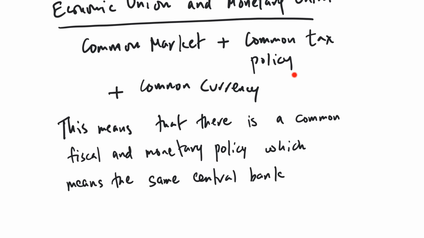this means that there is a common fiscal and monetary policy. Fiscal policy is policy on taxes, because your taxes are the same. Also your laws and regulations are the same.